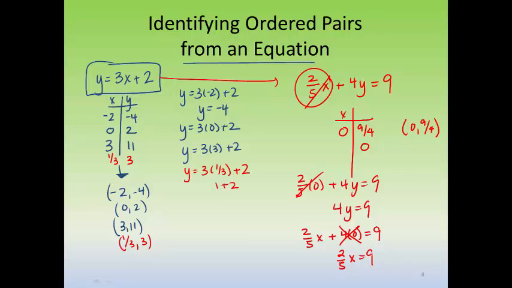You could divide by 2/5. It is the same thing. So I'd multiply by 5/2. And that would leave me with 45/2. Not something too pleasant, but it wasn't very complicated to find another ordered pair. So that would be (45/2, 0).